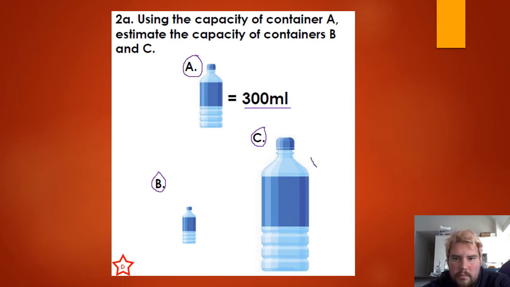So I'm going to put times 4 here for 4 times bigger. So we would need to do 300 times 4 to get the capacity of this here. So that would be 1,200. 300 add 300 add 300 add 300, 1,200 milliliters.